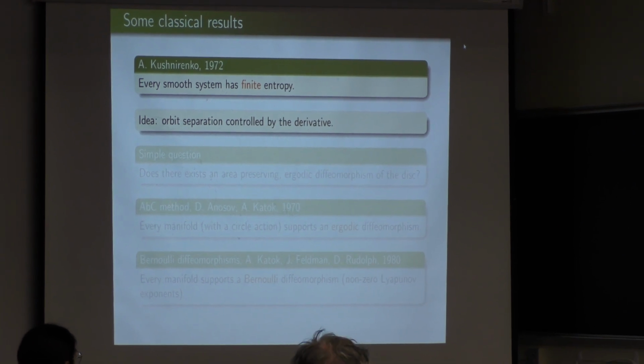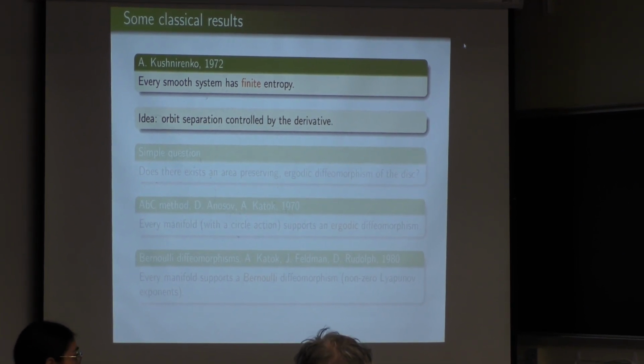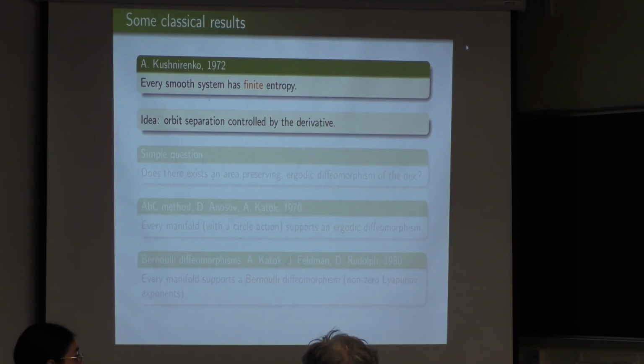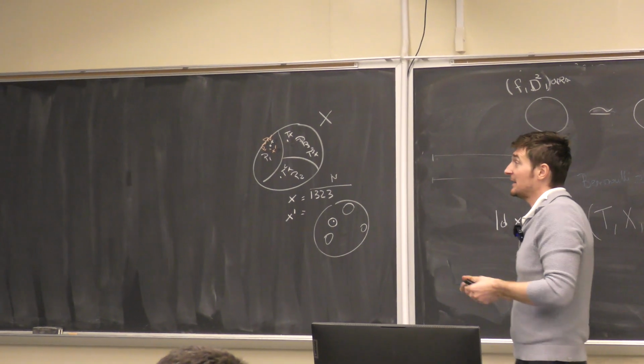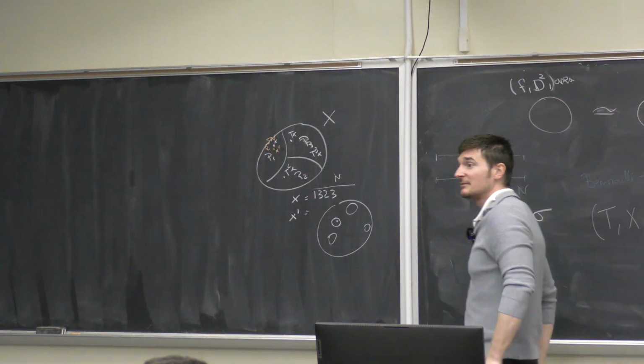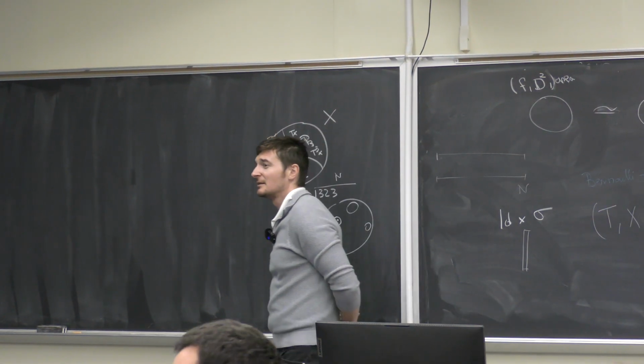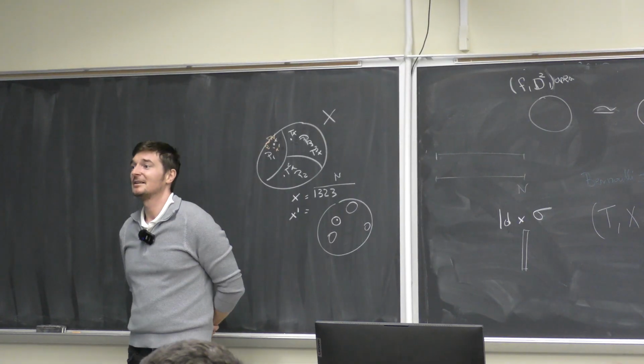If I perturb it less than the derivative cocycle, then this point tracks that point. I can predict the future of this point by that point, and therefore I have finite entropy. Do isomorphic systems have the same entropy?